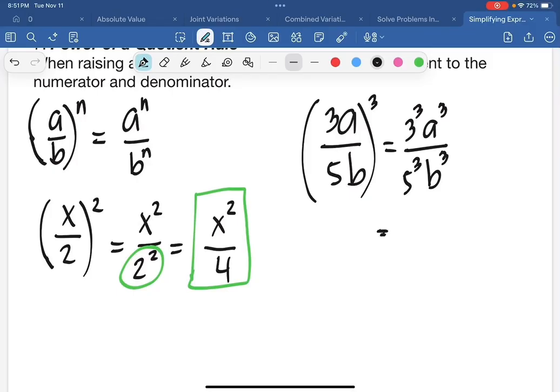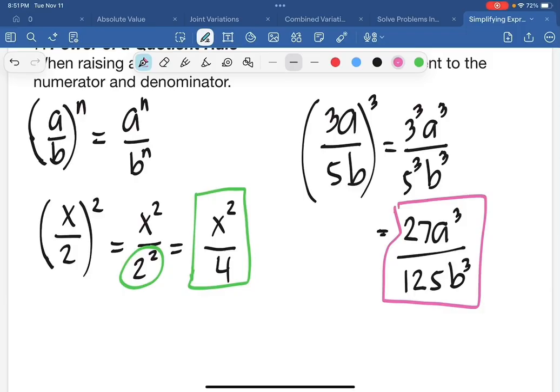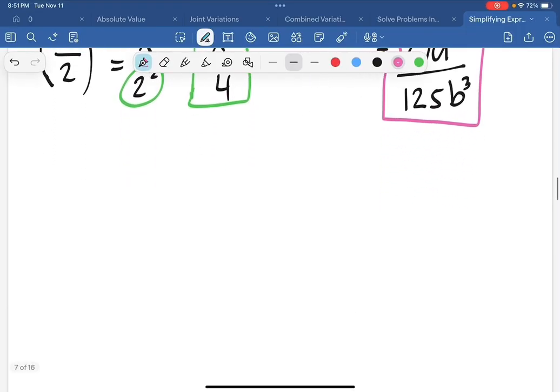So we're good with the variables. However, we are not done with the numbers themselves. So 3 cubed is 27 and then a cubed over 5 cubed is 125 b cubed, and this is our answer.